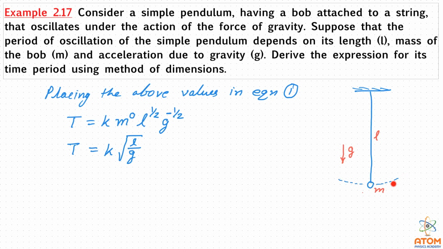So when we oscillate, we will get some periodic time t, which we can note down with the help of a stop clock or something like that. Now we have the periodic time t, and the length L, which we can measure by any scale, and we can also measure the mass m.